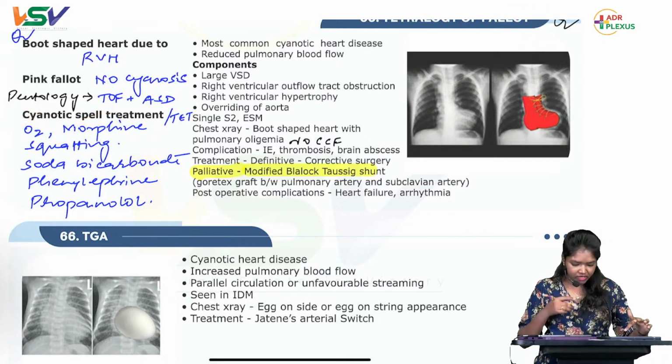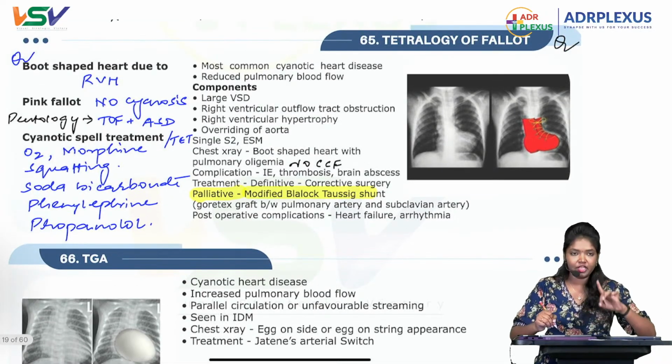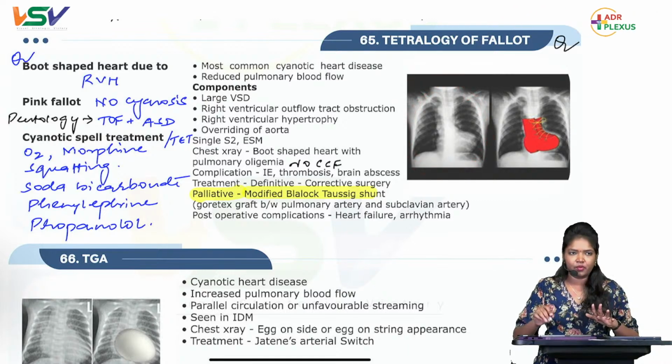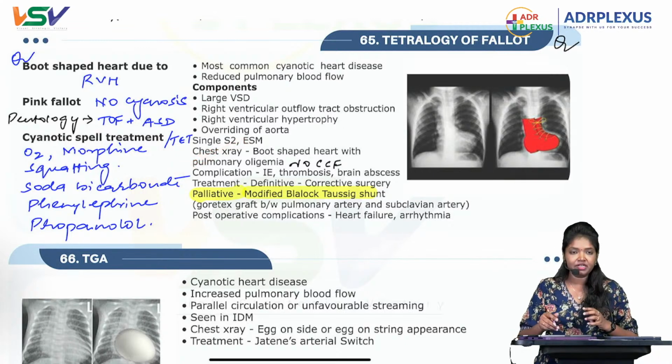These are the measures used in cyanotic spell treatment. So this is about TOF. Very important are the components of TOF, the classical X-ray question and why it occurs, complications, treatment and the cyanotic spell treatment. Fine?